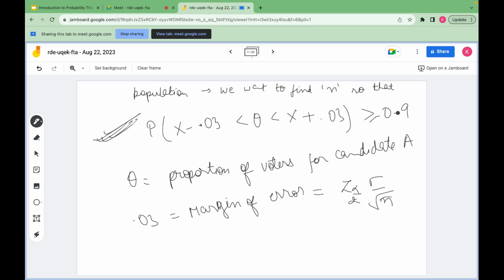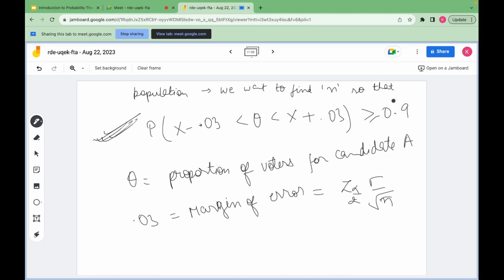From this equation we know that we want this probability to be higher than 0.9, which means we want our confidence interval with 90% confidence, and our theta should lie in this range. Previously we were finding some range with some confidence level. Now in this question we are given the confidence level, which is 90%, and the margin of error also.